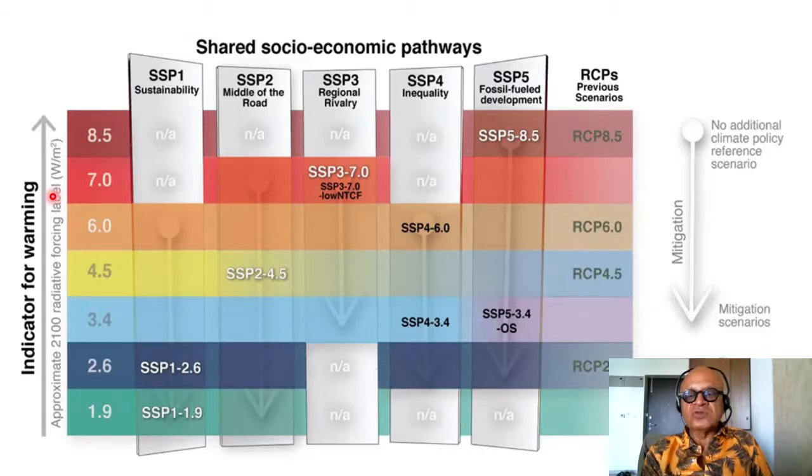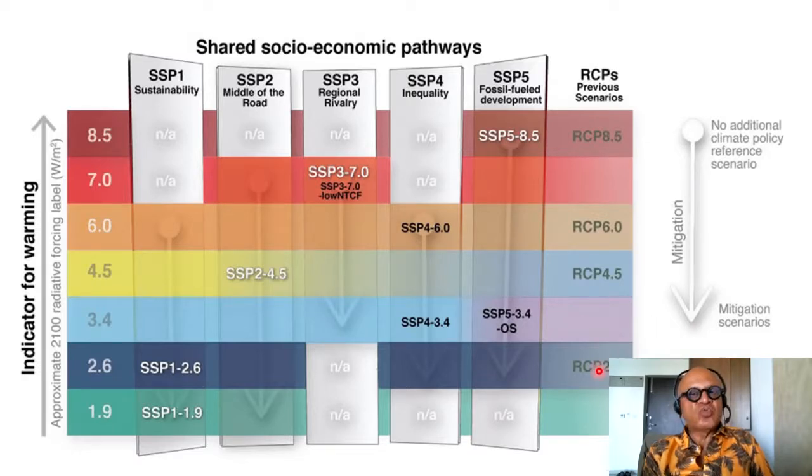But future projections also include very complicated scenarios that are developed with great care. So we are worrying about the mitigation scenarios here, no additional climate policy reference scenario, and this is the emission business as usual scenario. I'll come to that in a minute. And then you are increasing the policy influence on mitigation and bringing down the total radiative forcing.